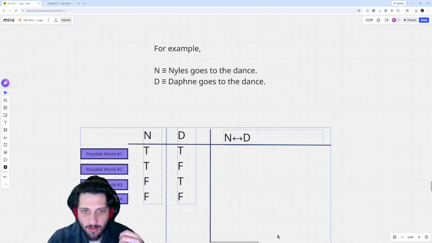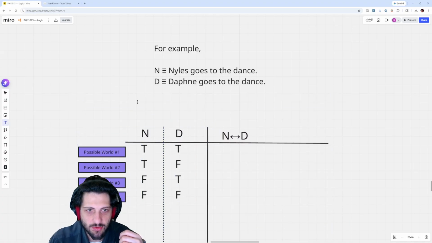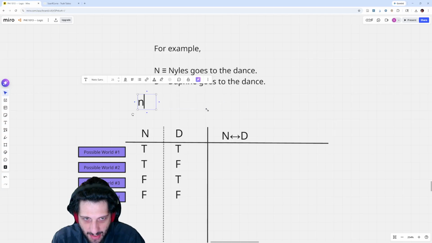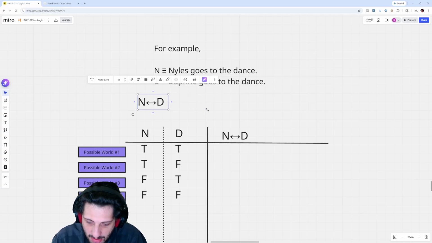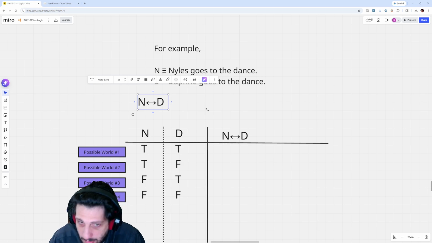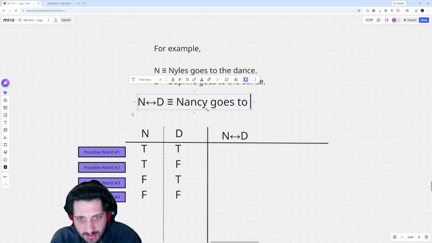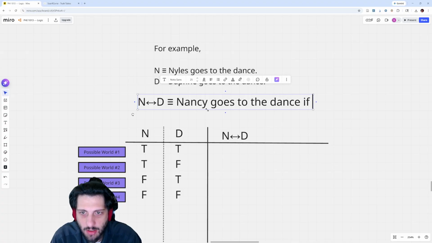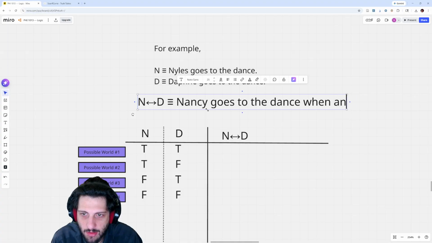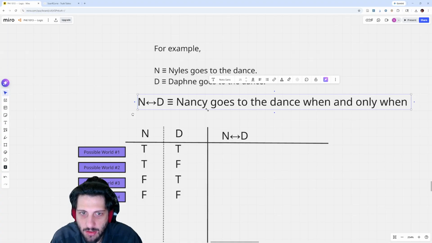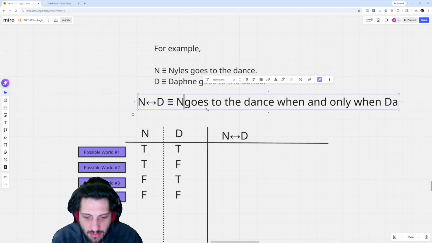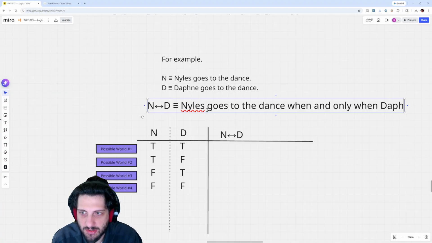One way to think about this, I'll translate real quick, is that N if and only if D is saying: Nancy goes to the dance if, when, and only when, not Nancy, Daphne does.